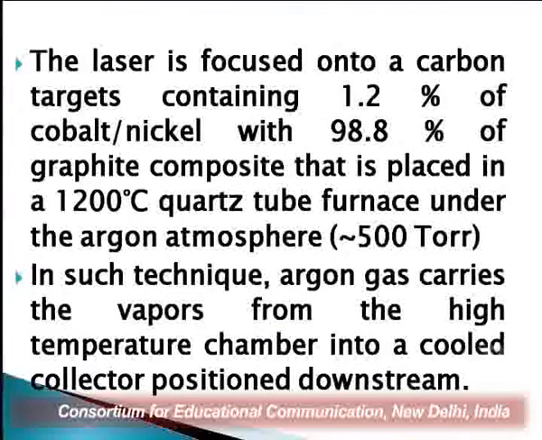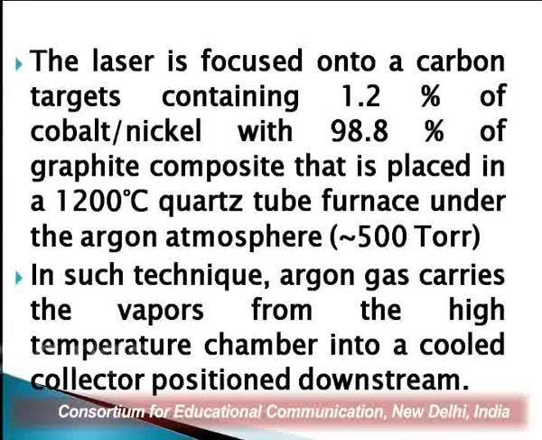The laser is focused on the carbon target, which contains 1.2% cobalt or nickel with 98.8% of the graphite composite, placed in the 1200 degrees centigrade quartz tube, and argon gas, an inert gas, is passed in this quartz furnace at the pressure of 500 torr.